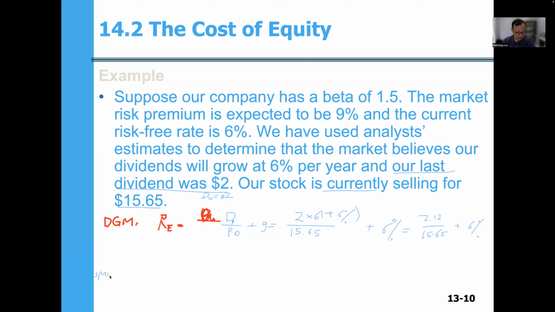Another way you can do it, you use the security market line, right? In this case, your RE equals RF, the risk-free rate, plus beta, the systematic risk, times the market risk premium. So what is RF?